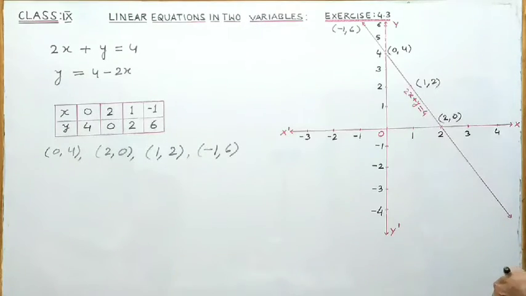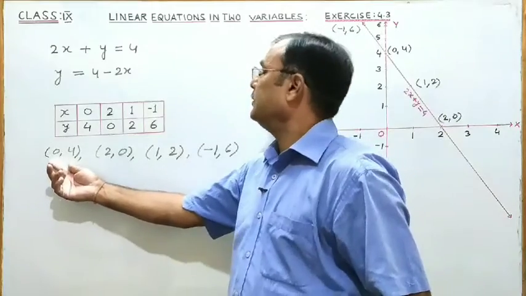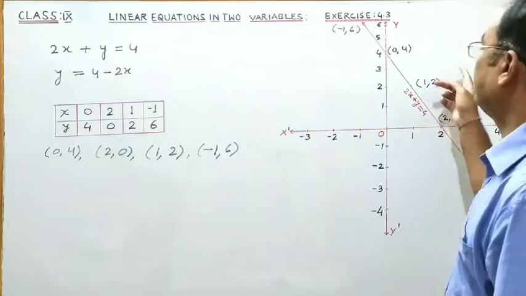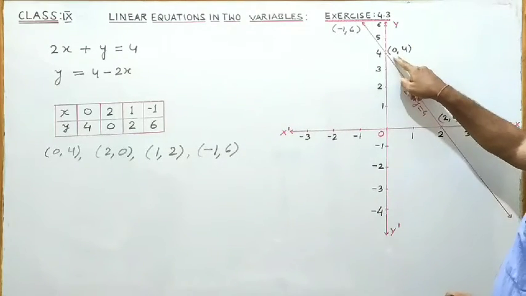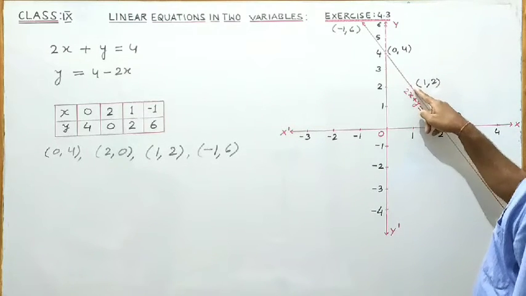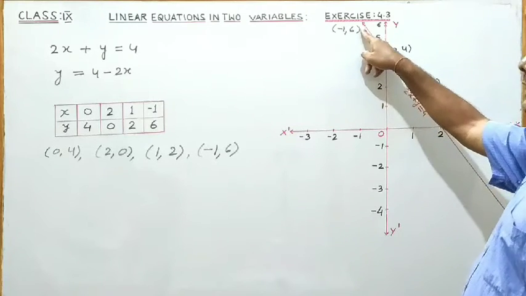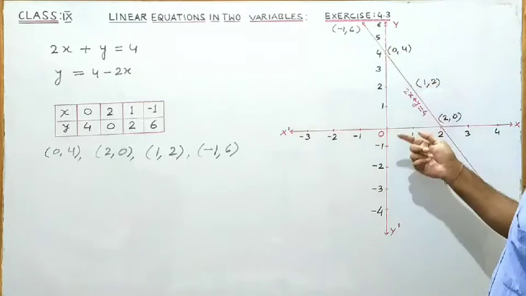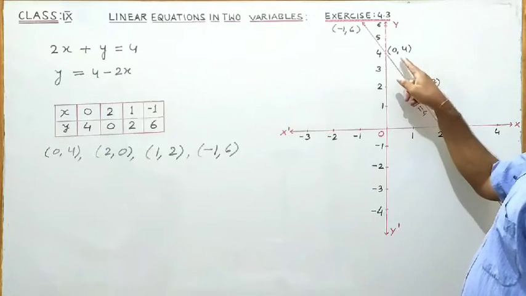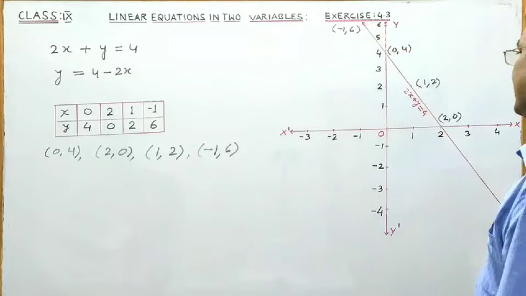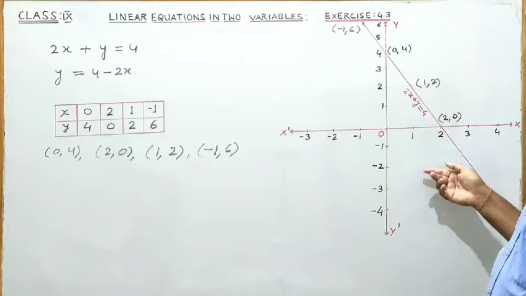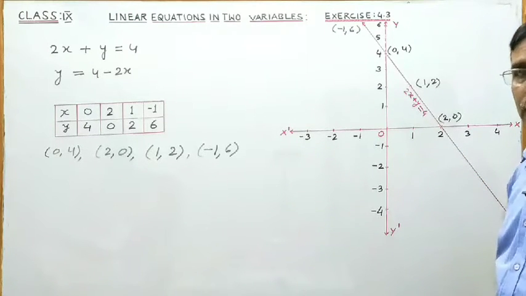Like this we have plotted these 4 points on this coordinate plane: (0, 4) here, (2, 0) here, (1, 2) here and (minus 1, 6) here, and we have joined the 2 points (2, 0) and (0, 4) and drawn a straight line. This straight line is the graph of the linear equation 2x plus y equal to 4.